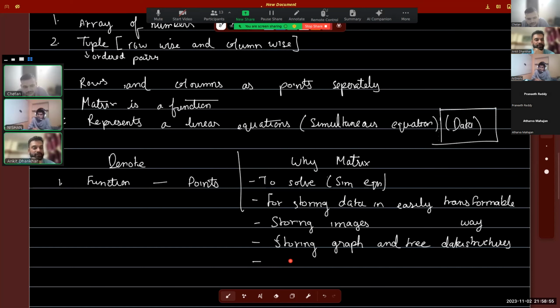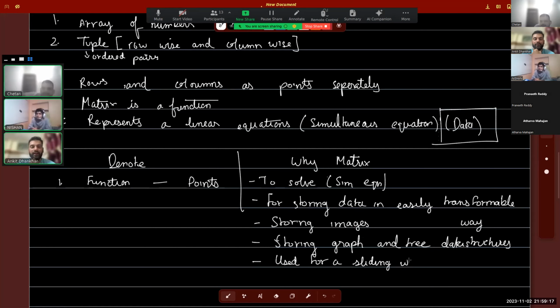But what's the use? Those are techniques to deal with data. What are the uses of matrices, where do we use matrices in real life? Someone told us uses of matrices in fluid mechanics as well.